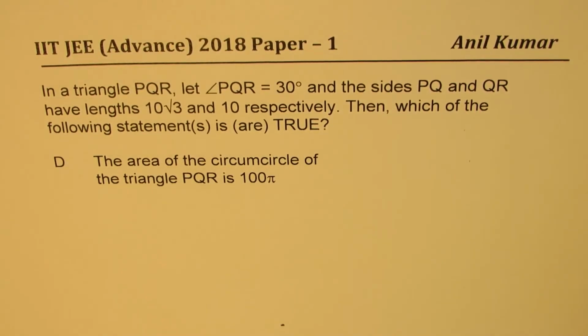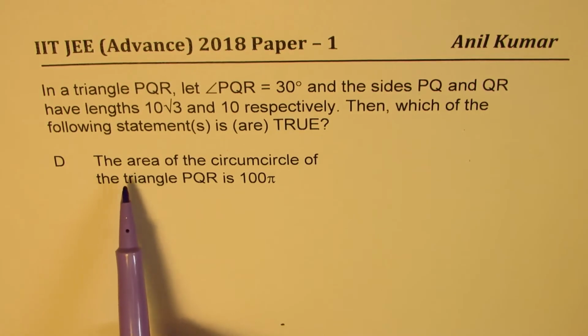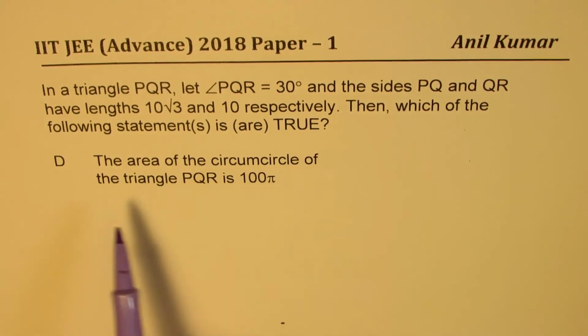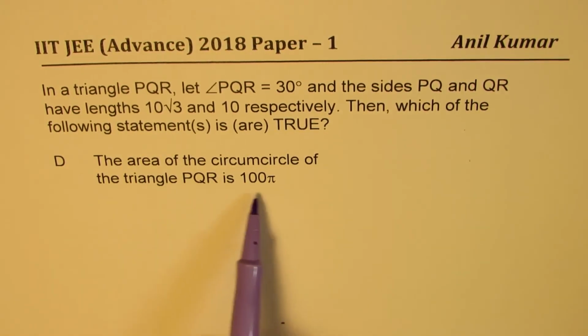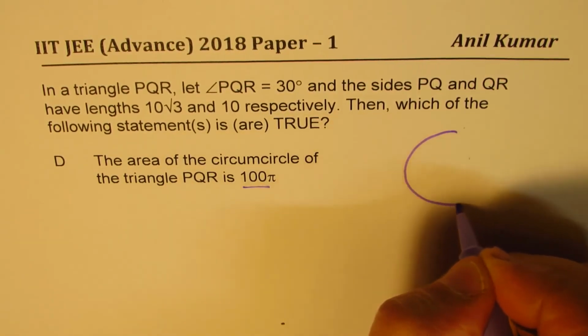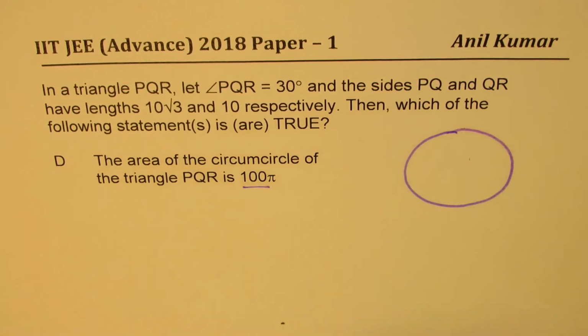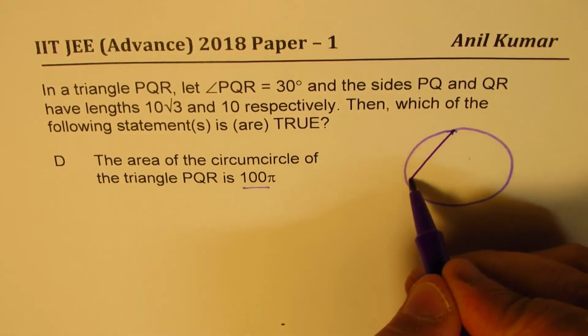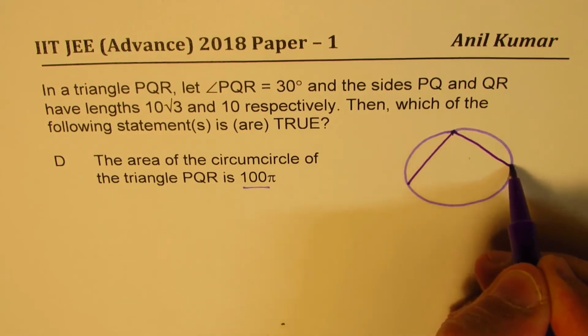Now in the same triangle PQR, we need to find the area of the circumcircle of the triangle PQR, and we have to match it with 100 pi. So basically now we are looking into the area of the circle, and we have our triangle inside, right? So we have a triangle which is PQR, kind of like this.